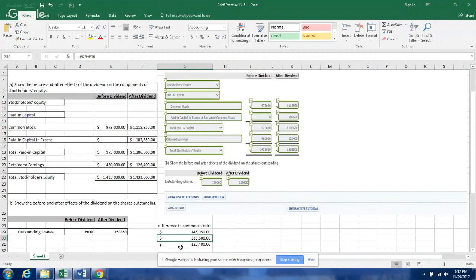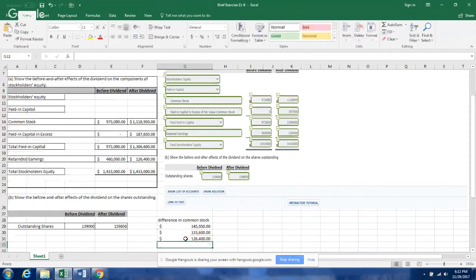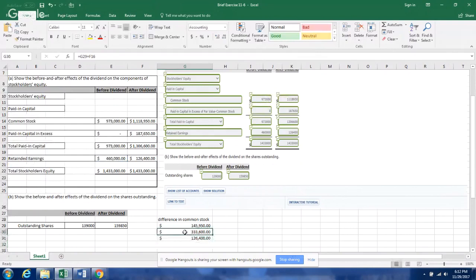Now to get the retained earnings portion, I'm taking the original retained earnings of $460,000 and subtracting the $333,600. So that's where I'm coming up with the $126,400.